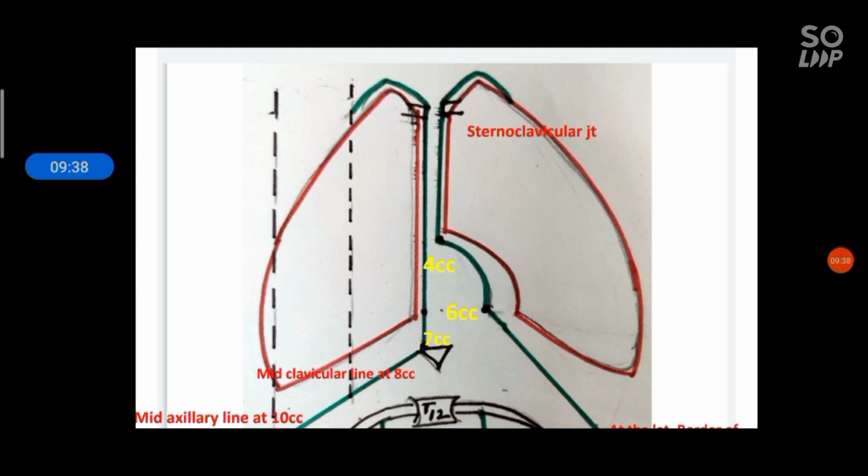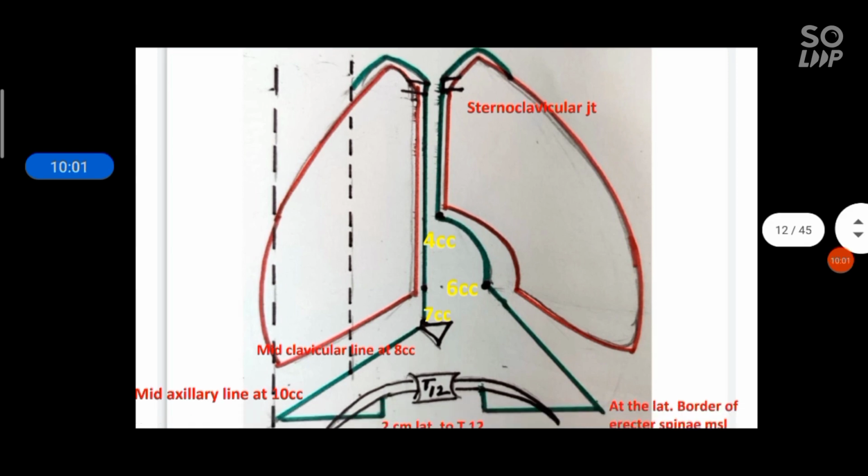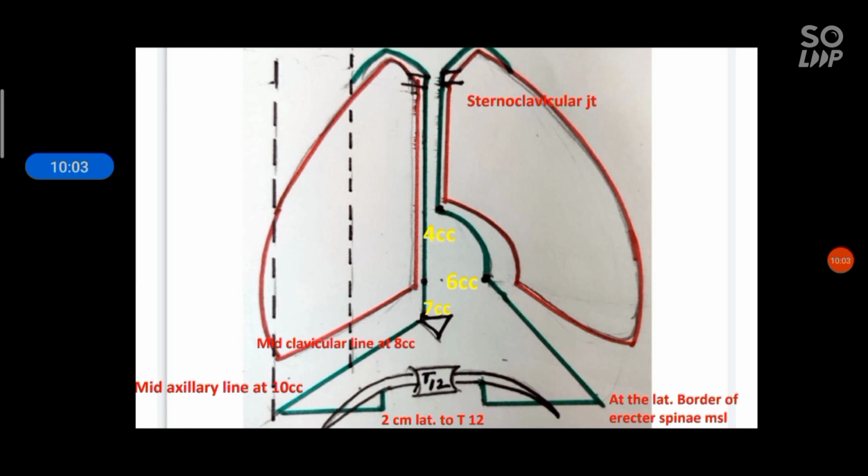Again, there is the same point taken from the sternoclavicular joint up to the 6th costal cartilage. In place of the 7th, there is the 6th costal cartilage on the right side. And it is the same on the left side, the 4th costal cartilage. Again drawing a cardiac notch. On the inferior aspect of the lung, at the mid-clavicular line the point is taken at the sixth costal cartilage, and at the mid-axillary line at the eighth costal cartilage.